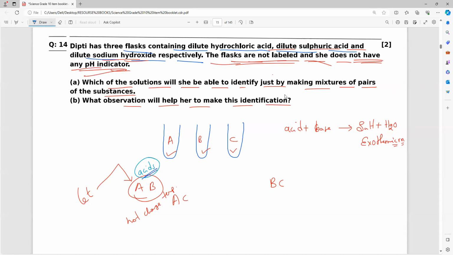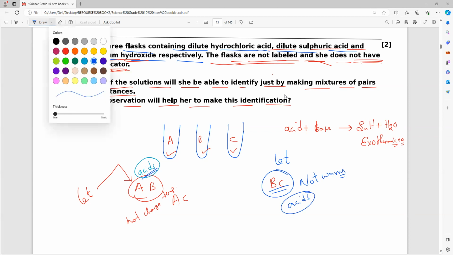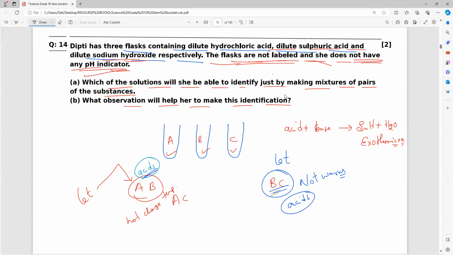Or for example, when I mix BC, by the time I understand there is no change in temperature, not feeling warm, it means B and C are considered as what? Acids.